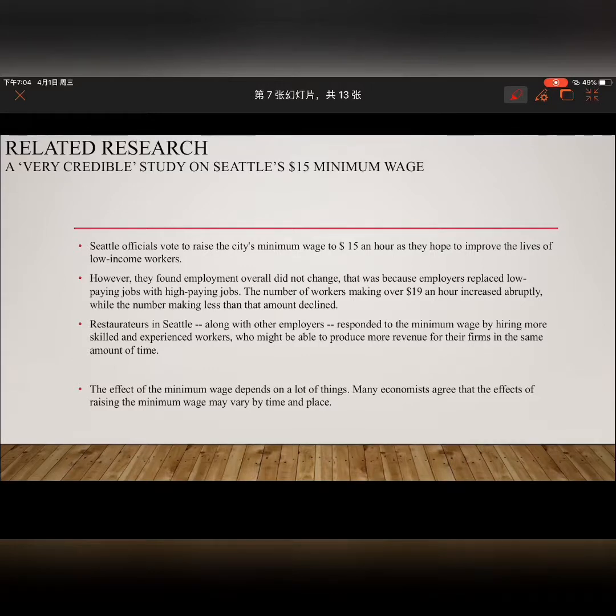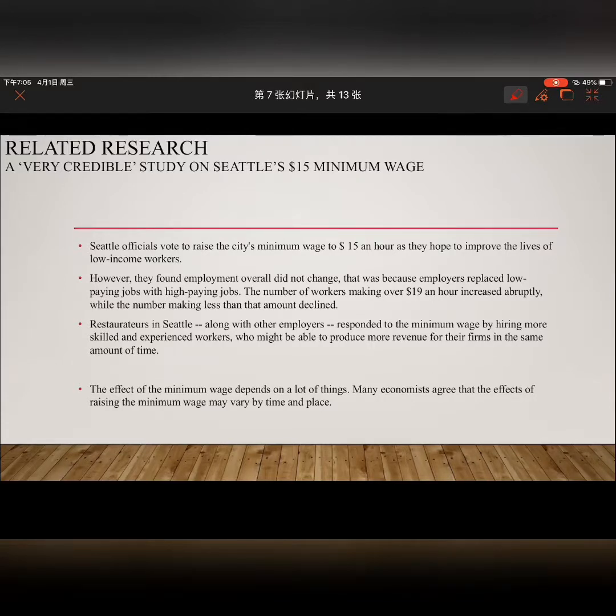That was because employers replaced low-paying jobs with high-paying jobs. The number of workers making over $19 per hour increased a lot, while the number of those making less than this amount declined.